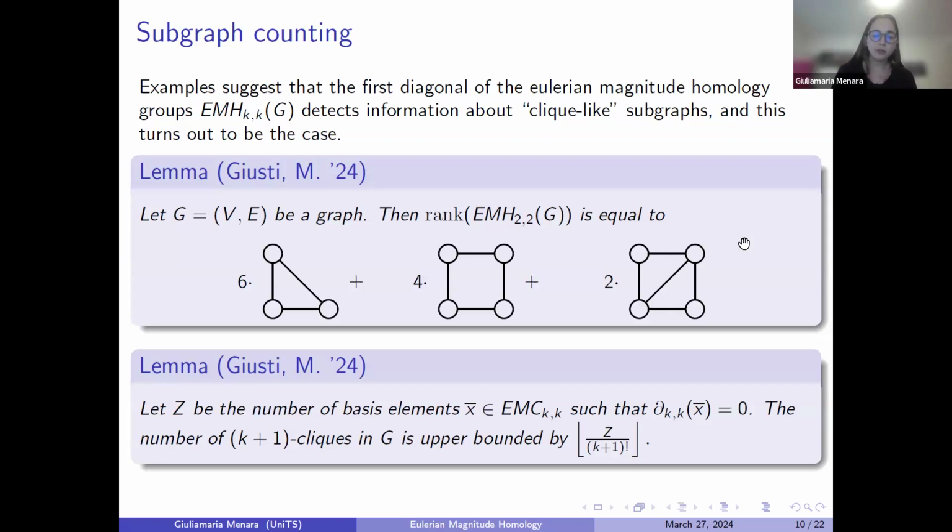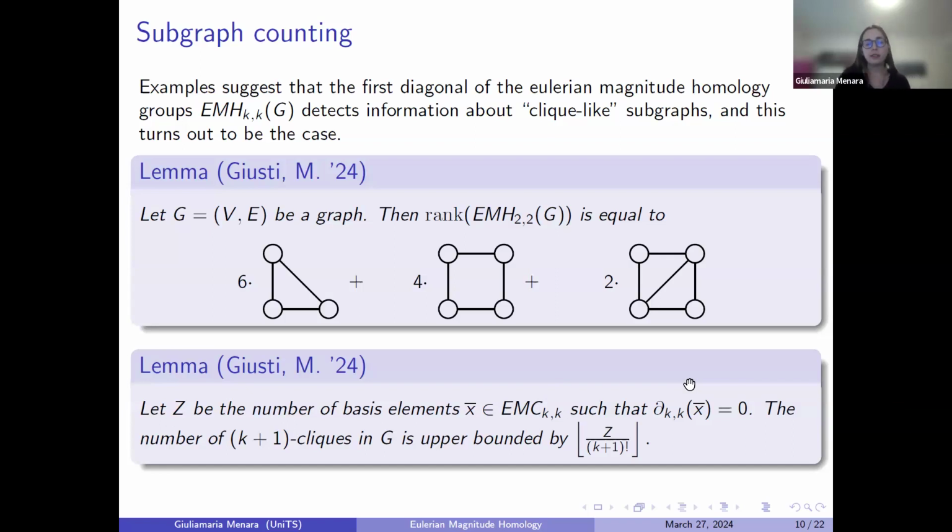So as of now, we were able to say that if we only consider the generators of the Eulerian magnitude chains that go to 0 under the differential, then the number of k plus 1 complete subgraphs of G is upper bounded by this fraction. What information is given by linear combinations of generators of the Eulerian magnitude chains being sent to 0 is still a work in progress.